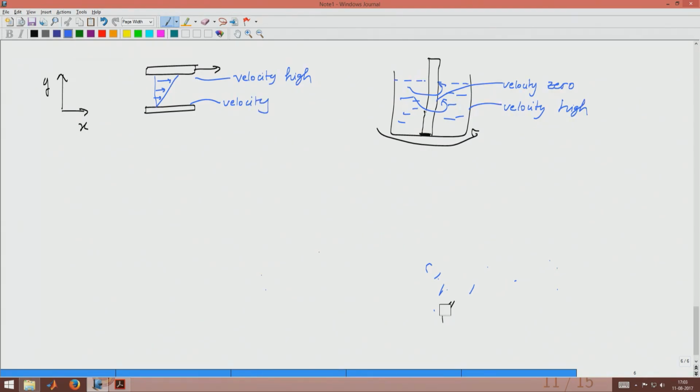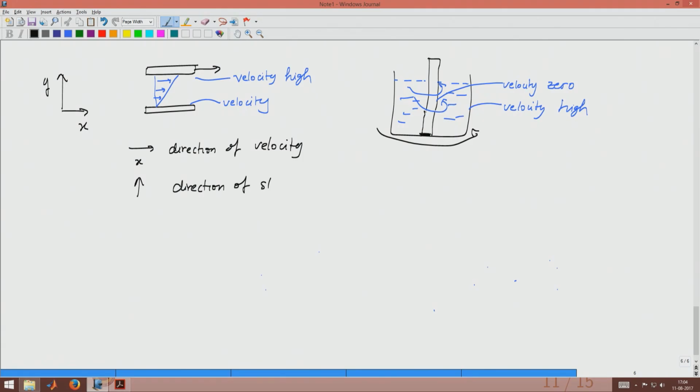So, in both of these situations, what we can see is there is a direction of the velocity and then there is a direction of shear. In this case, for example, x is the direction of velocity, but if I go in y direction, then the velocity changes.